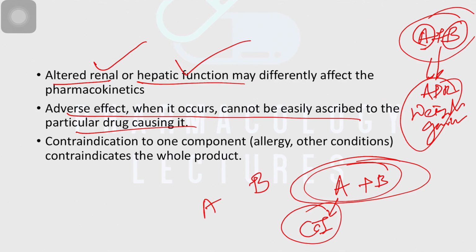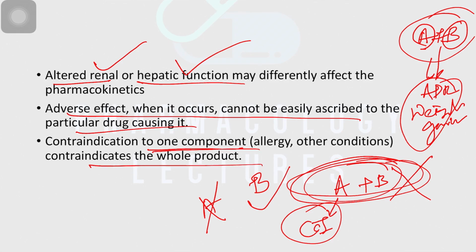If you are using individual drugs, it becomes easy. If drug A is not useful, you can still give drug B. And if you are using a fixed dose combination, then the whole formulation gets out. So, contraindication to one component becomes contraindication to the whole product. So, thank you. That was all about fixed dose combinations.